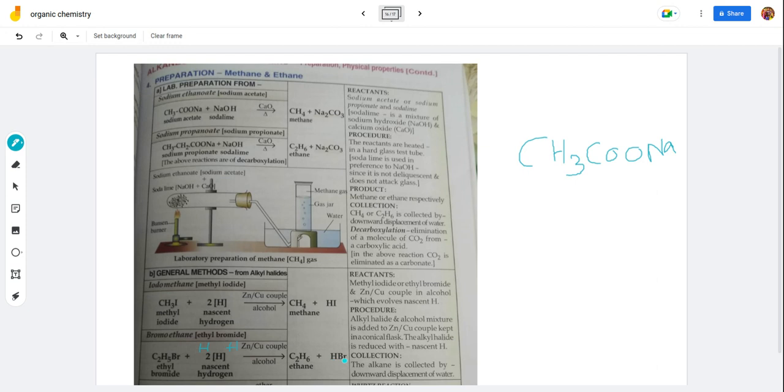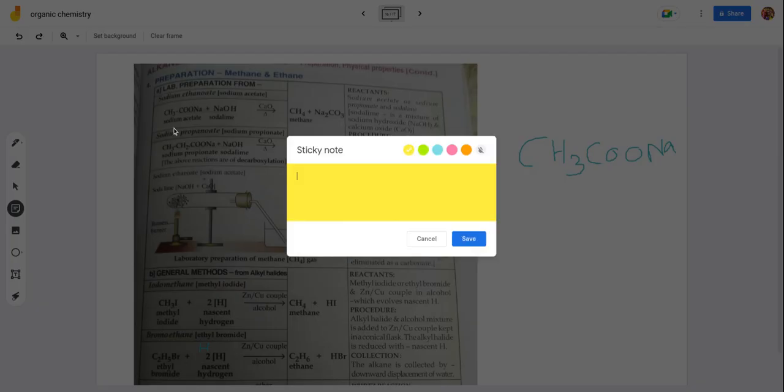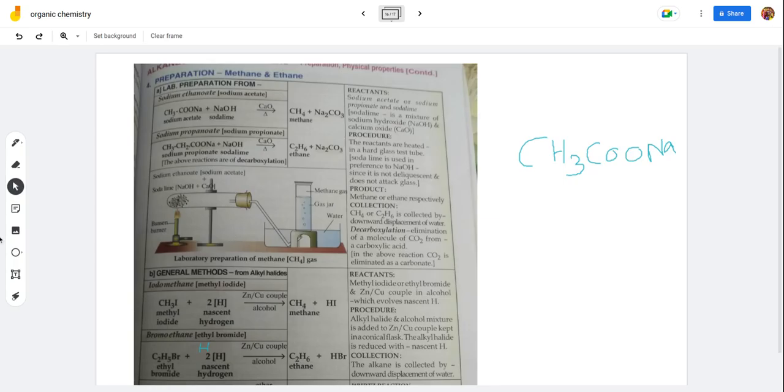And the other C2H5 and H will combine to form C2H6. So this is another method of preparation. One method of preparation is from the sodium derivative, that is sodium acetate and sodium propionate with soda lime.